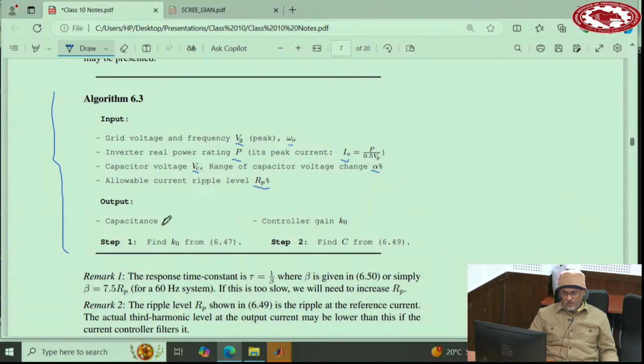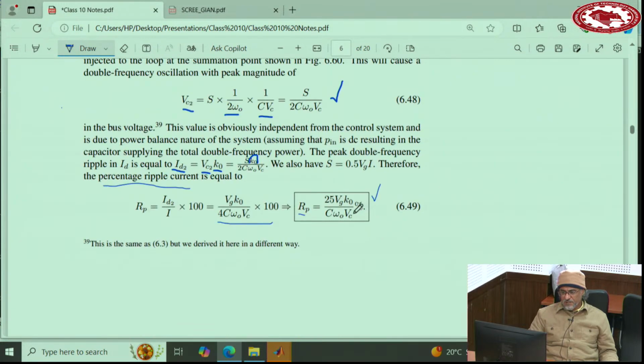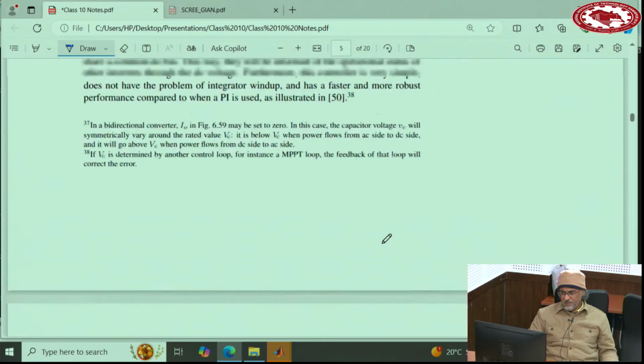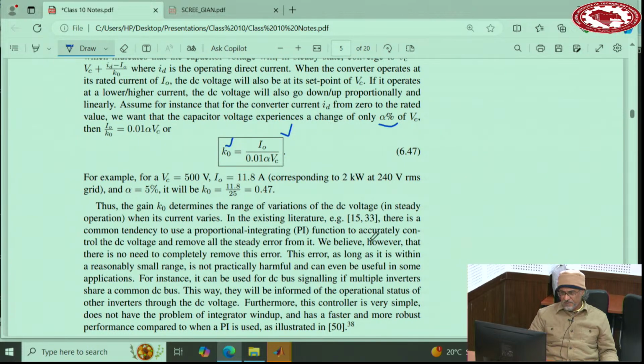And then you can calculate the required amount of capacitor and the control parameter K0 from the equations that we just discussed, 647 and 649 here. This is for the K0, and then 647 here.